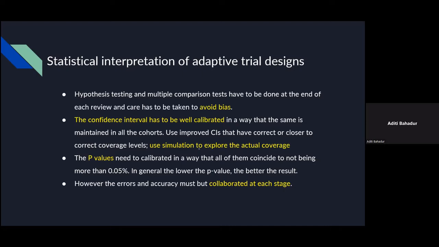You can compare apples with oranges, it's not easy, but it can give you a very confusing outcome. This is essentially what's happening with adaptive trial design. So statistical care has to be taken in calibrating the different kinds of statistical significance, the confidence intervals, and also the errors and accuracy.